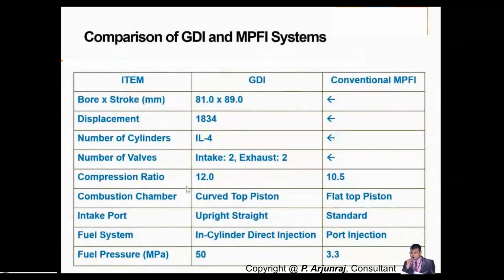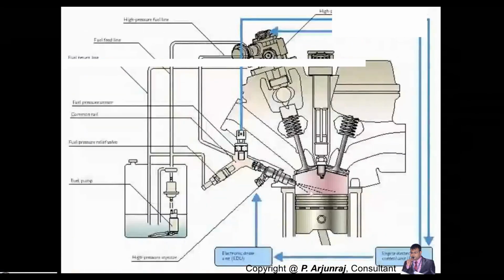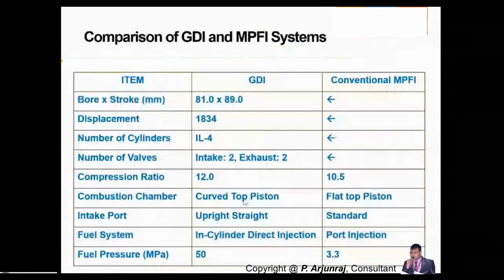And again, you see the combustion chamber, when you're going for a GDI kind of system, the piston top portion should be curved. When you have the curved portion, the fuel injected directly into the system gets properly burned, and the performance will also be much better. When you're going for a conventional engine, you can have the piston with a flat top.